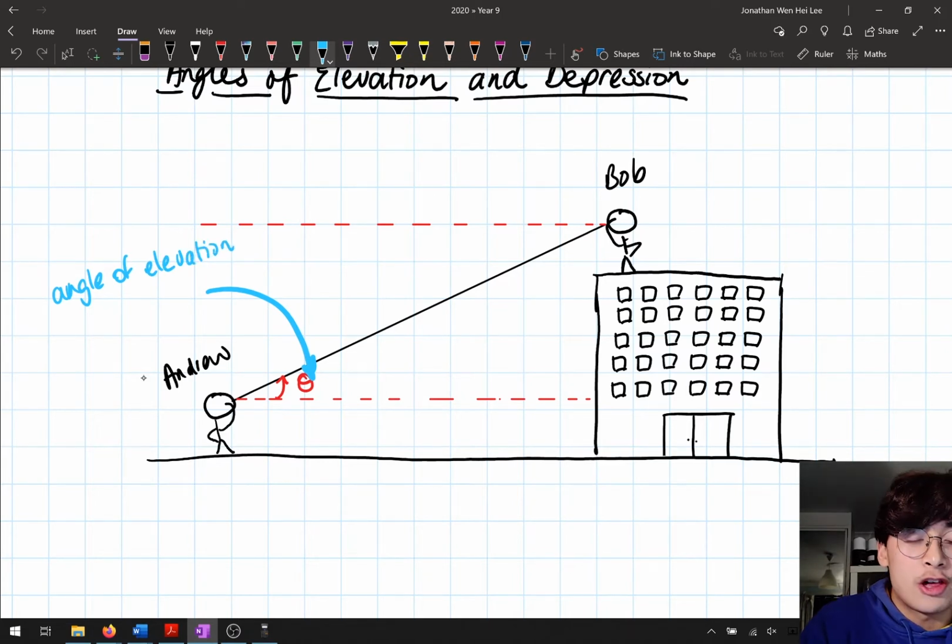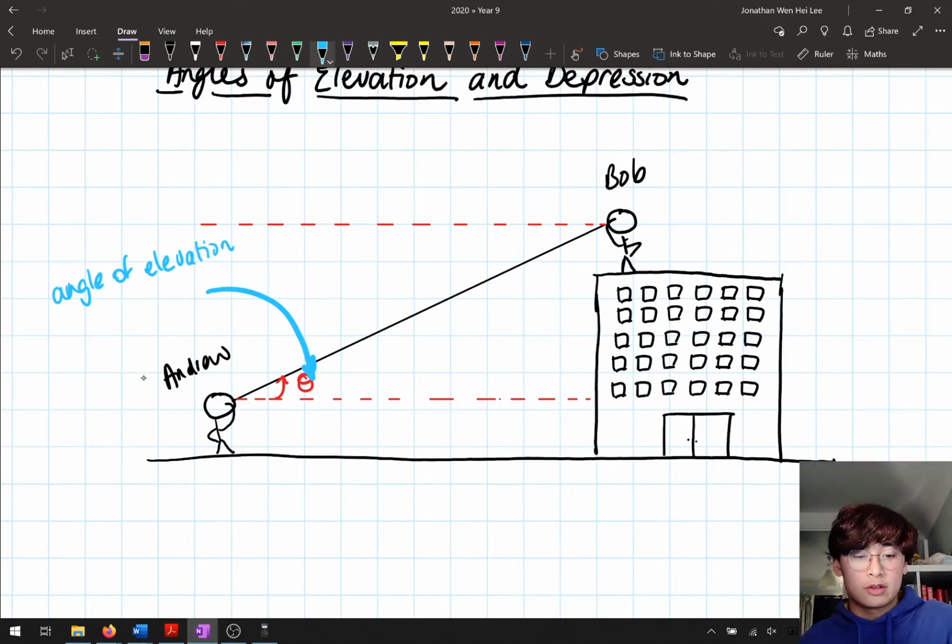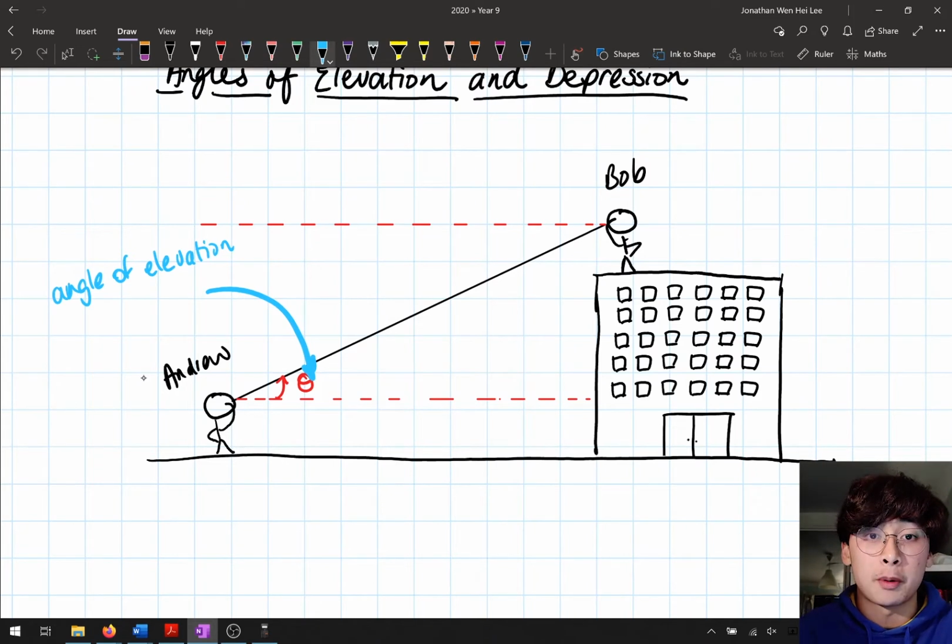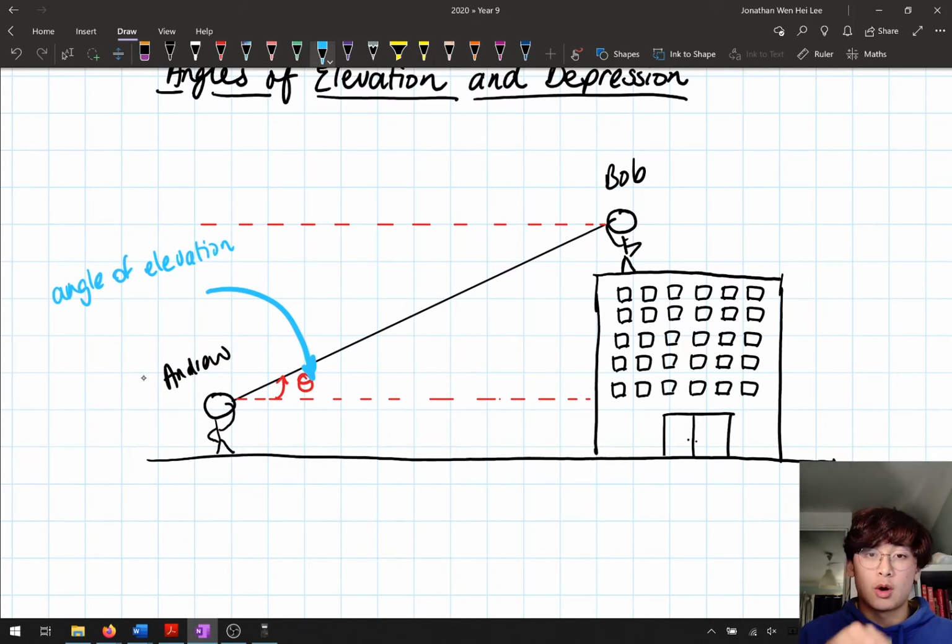An angle of elevation is when you're looking from the horizontal, the horizontal being that red dotted line that I drew at the bottom, and you're looking up at something. So when Andrew is looking up at Bob, that angle there, from the horizontal up, is called an angle of elevation.